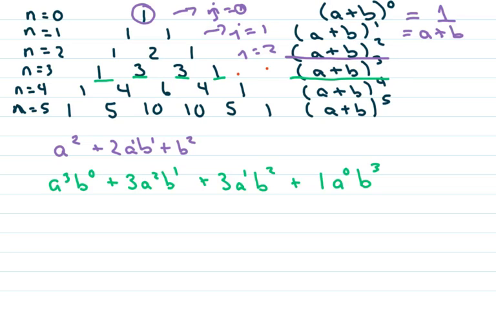So that leaves us a cubed plus 3a squared b plus 3ab squared plus b cubed, because anything to the 0 is just 1.